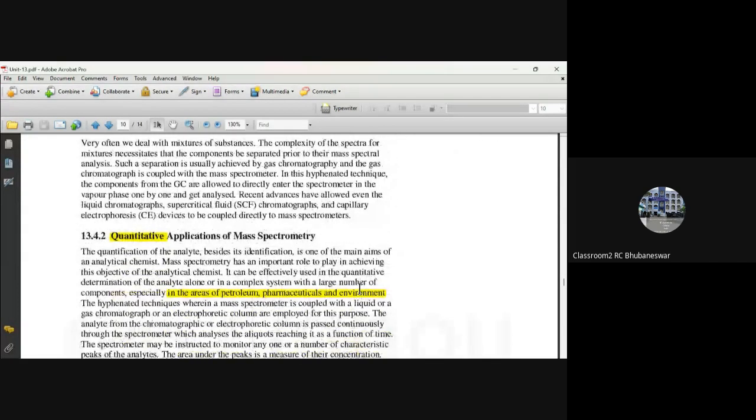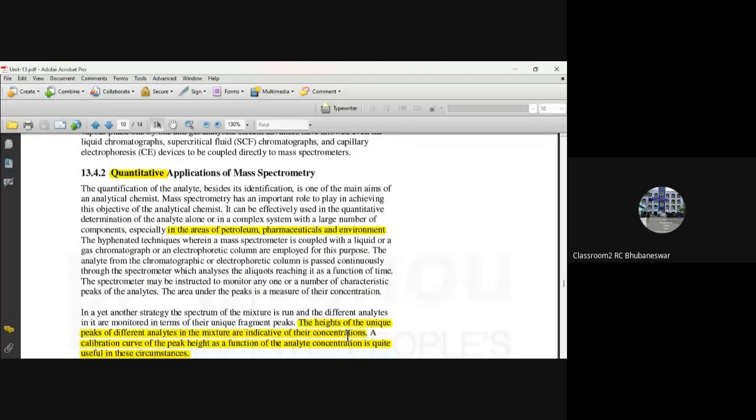And there is a quantitative application also in mass spectrometry, but quantitative studies are very few, and they have an important role to play in achieving the objective of the analytical chemist. It can be effectively used in the quantitative determination of the analyte alone or in a complex system with a large number of components, especially in the area of petroleum, pharmaceuticals, and environmental applications.